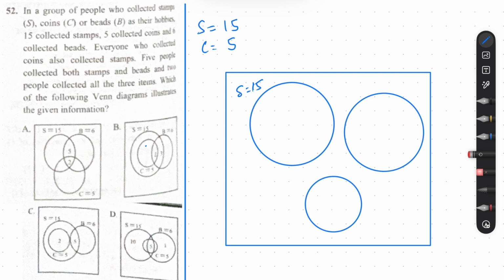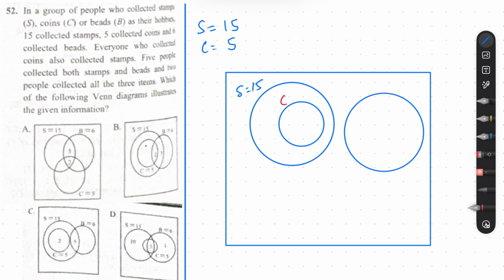That means if you collected coins, you are in this stamps group. So we should find it right here. Let's put this small circle in S, and we call it C. We call it coins.